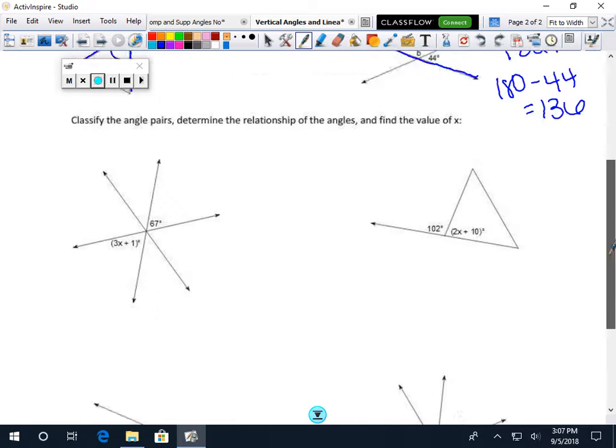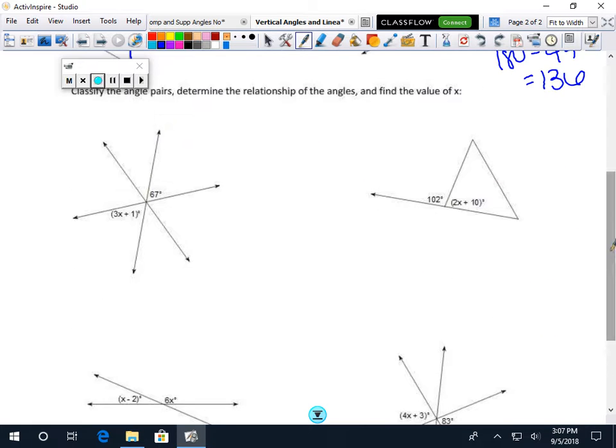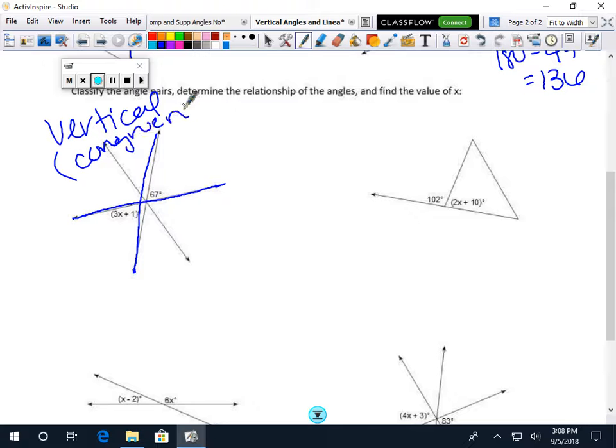All right, looking at the next group of problems, we're going to solve for x. First, we're going to determine the relationship. Between these two angles here, they are on opposite sides of each other, so that makes them vertical angles. And we know that vertical angles are congruent. We remember that the word congruent does mean equal.